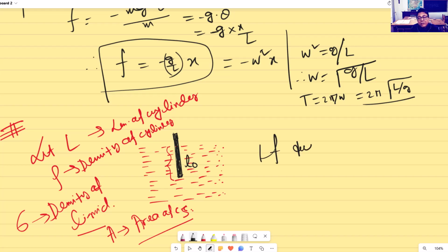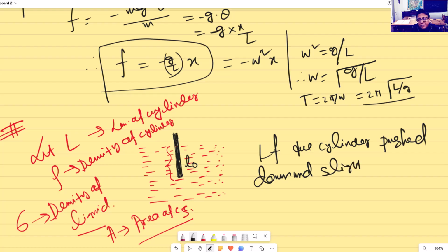If the cylinder is pushed downward slightly by a distance x, then its motion will be SHM.